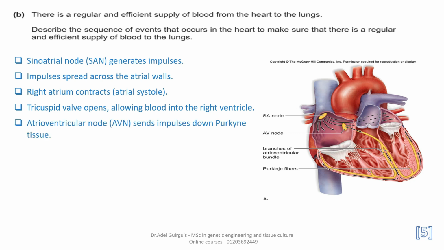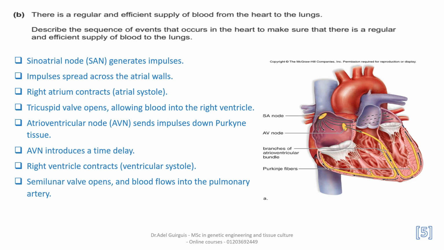Here the atrioventricular node AVN sends impulses down Purkinje tissue in the septum. The AV node introduces a time delay, a relay. Then the right ventricle contracts, this is ventricular systole.